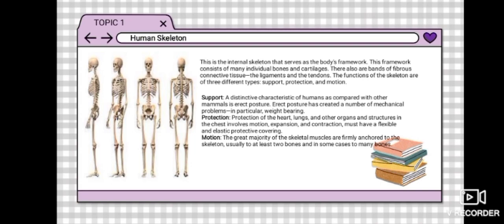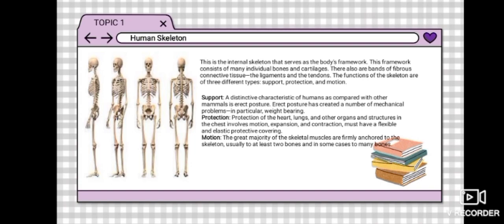The central nervous system lies largely within the axial skeleton, the brain being well protected by the cranium and the spinal cord by the vertebral column by means of the bony neural arcs. A distinctive characteristic of humans as compared with other mammals is erect posture.